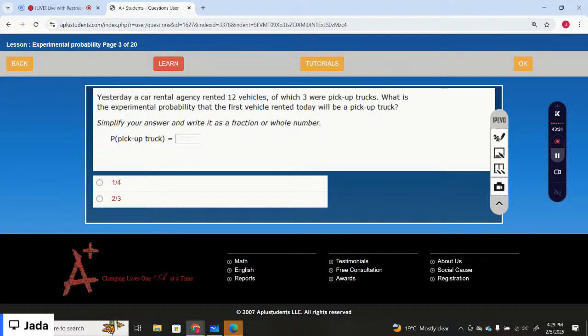That is 3 over 12. Option number 1 is the correct option. That is 1 over 4.